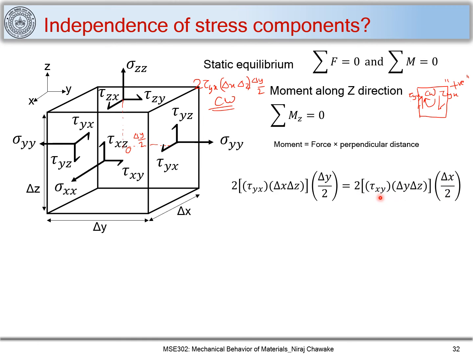Tau xy is also acting on the negative x plane, so I multiply it by 2.